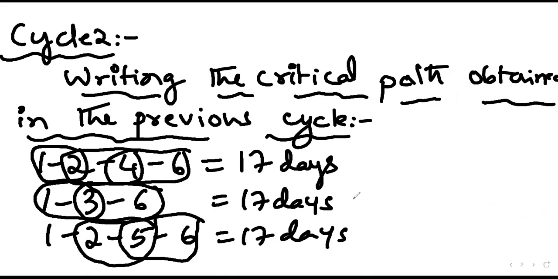If we reduce 2-5 by 2 days, what will be the impact on these three critical paths? Which path will be affected?